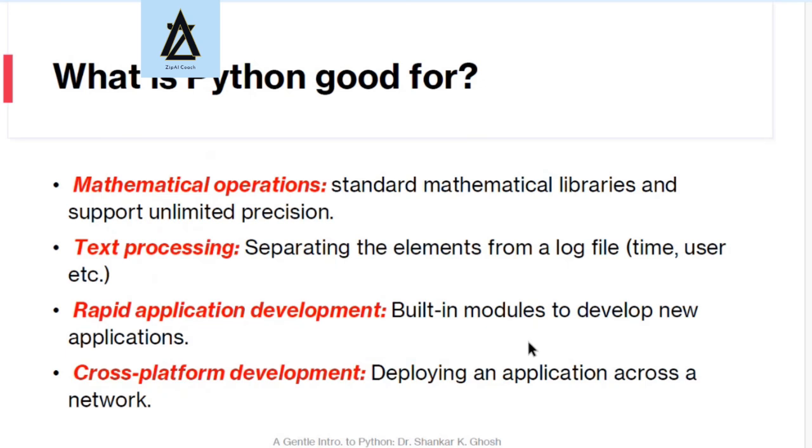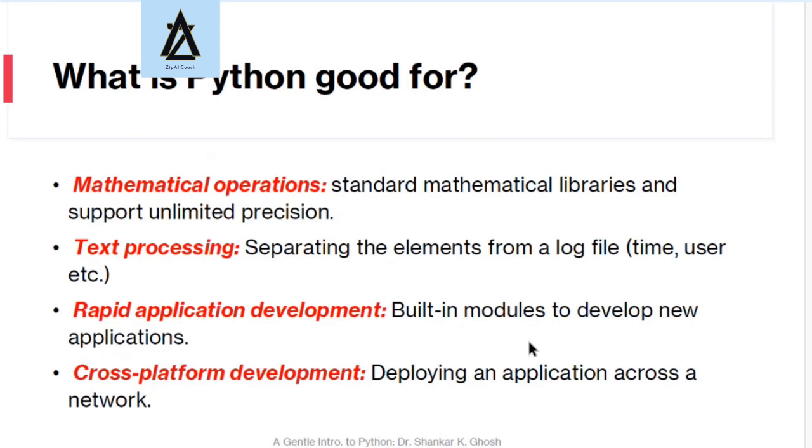So what is Python good for? Many people can ask this question, as we have seen C, Java and all these things. So why is Python required? The first and foremost answer is ease of programming. There are on-the-shelf modules, the existing libraries, which you can easily access, so the complexity of programming is reduced a lot.